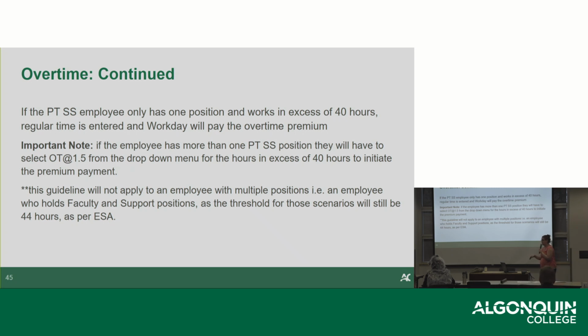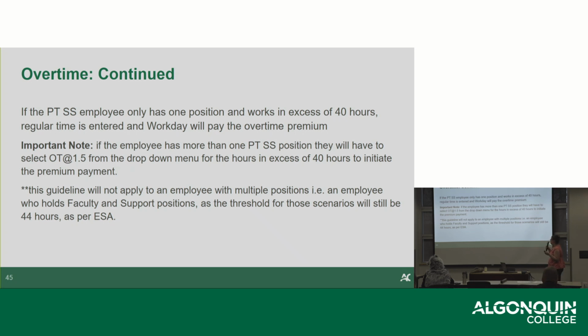Where it becomes a little bit different is if someone has more than one part-time support staff position. They do actually have to indicate the hours that are eligible for overtime from the drop-down menu when they're entering their time. So if they have 2 positions, they'll enter all their time for each position, but any of the hours that go into over 40, instead of entering regular in and out from the drop-down menu, they will have to specify that it's OT at 1.5.